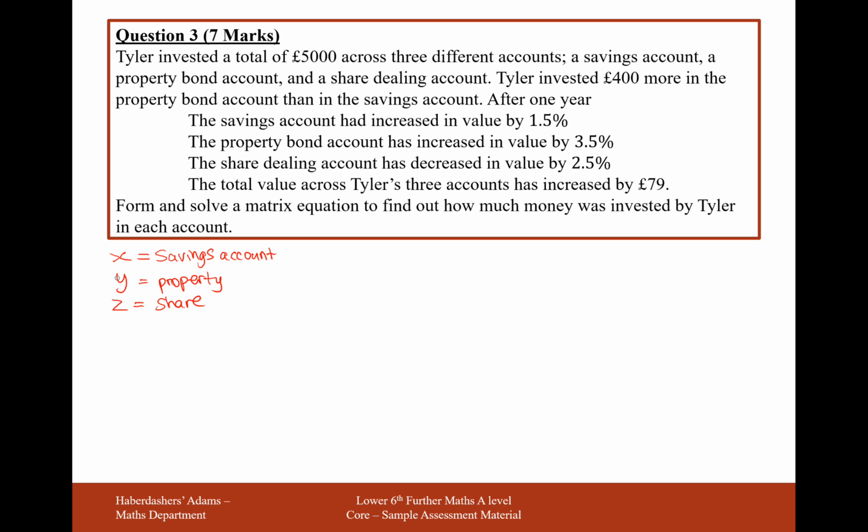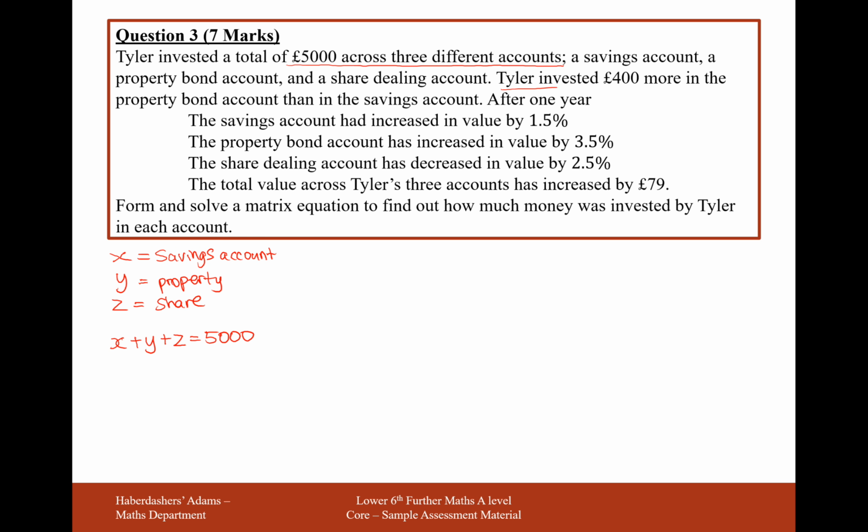So each of these will have a value of the 5,000 that he invested. Well, first of all, I suppose we could make our first equation in that he invested £5,000 across all 3 accounts. So the first equation I can make here is X plus Y plus Z equals 5,000.